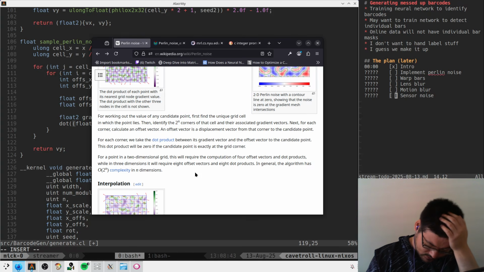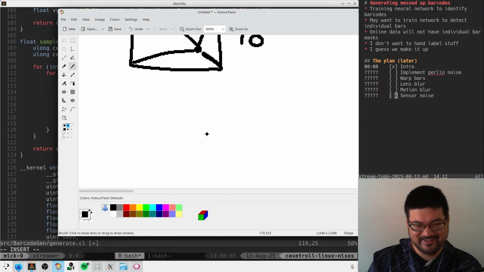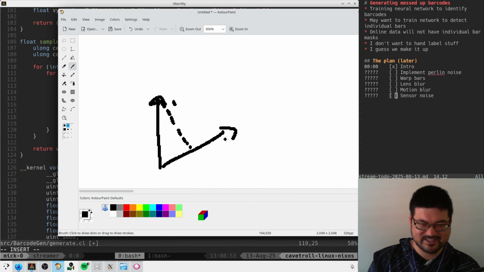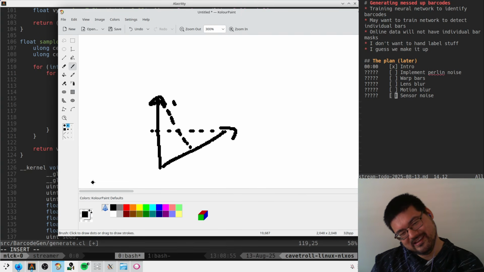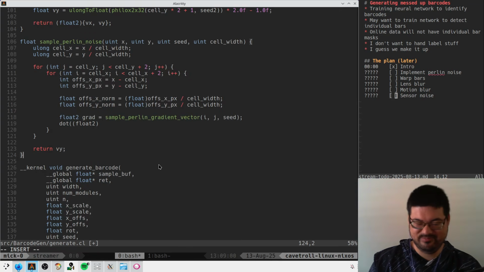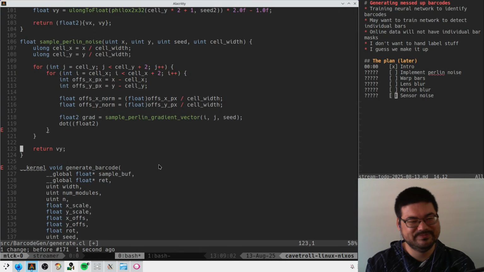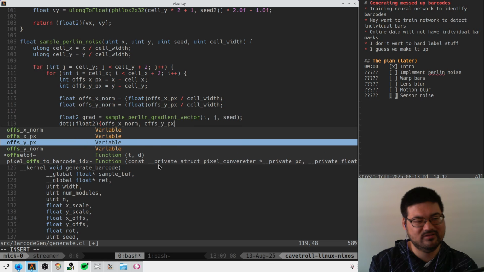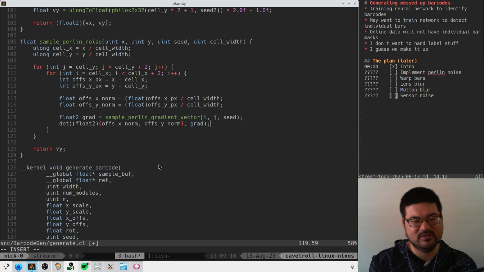Is the projection of one line onto another like, if I have this, is this the same as this? Probably, right? It seems pretty symmetric. So we can probably do something like this.